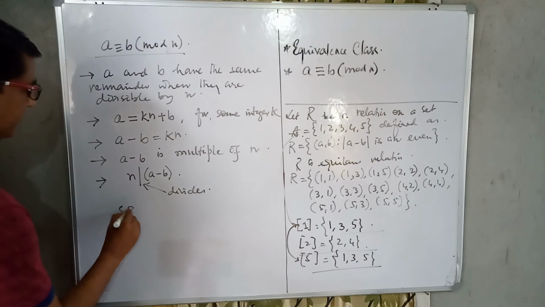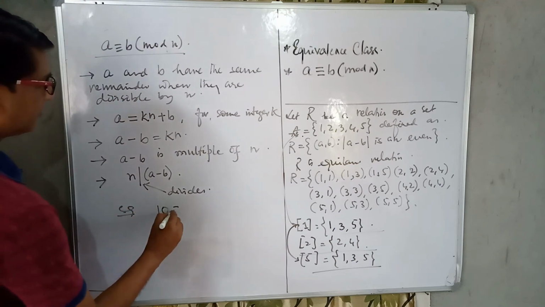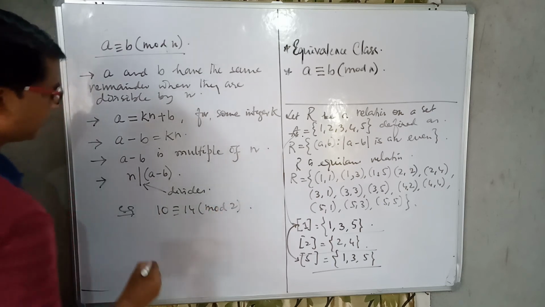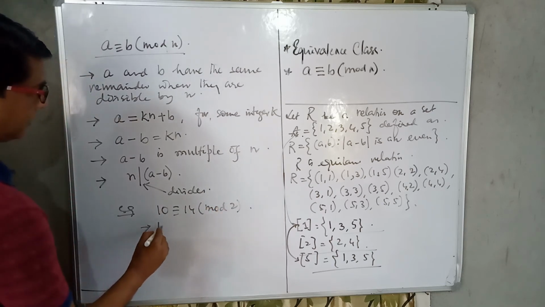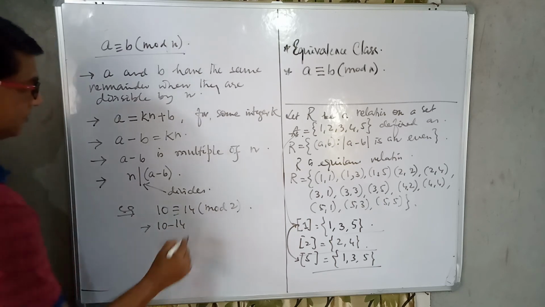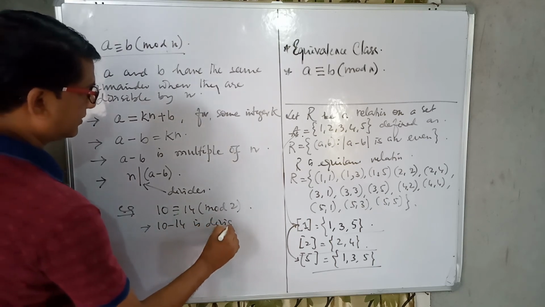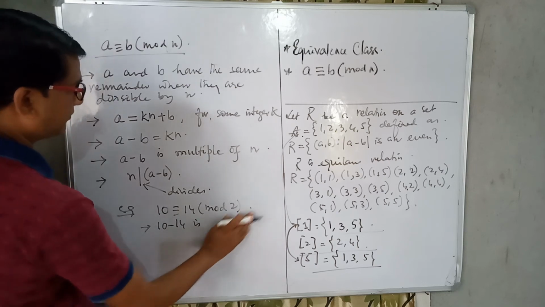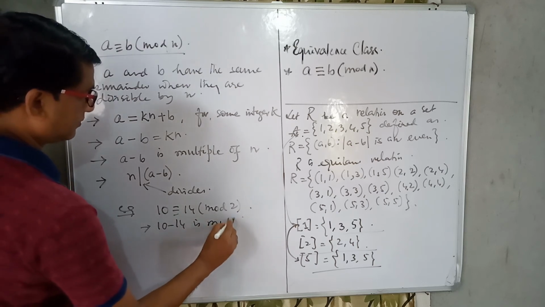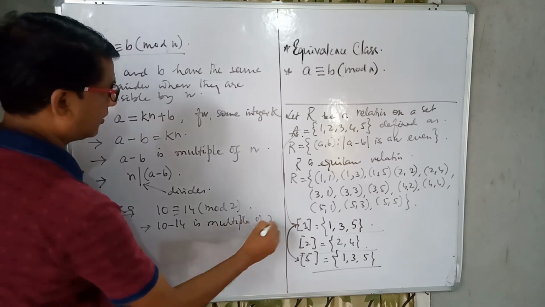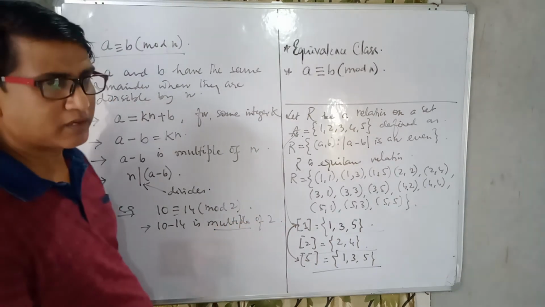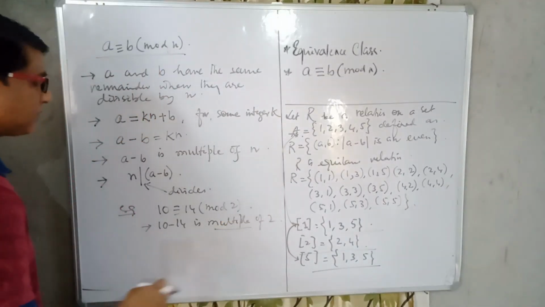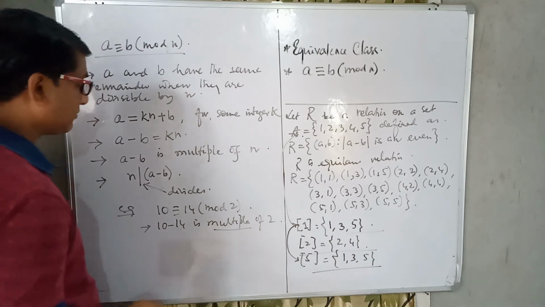Now an example: 10 is congruent to 14 mod 2 means 10 minus 14 is a multiple of 2. Multiple and divisible are alternatives: if it is a multiple of 2, then it is divisible by 2 also.